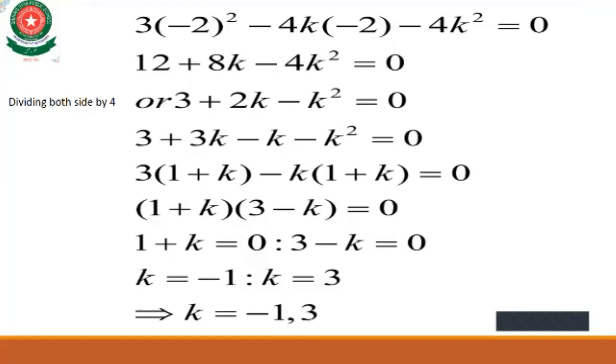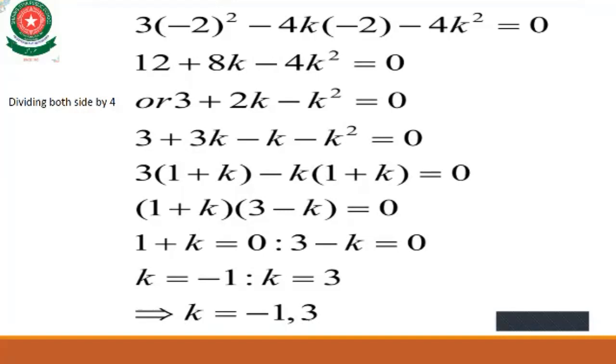Minus 2 square is 4, and 3 fours are 12. Minus 4k into minus 2 will change into plus 8k, so 12 plus 8k minus 4k square.